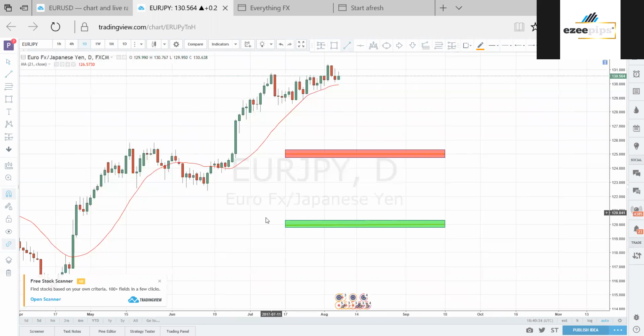Candles move going either up, down, up again, down, and this goes on and on.